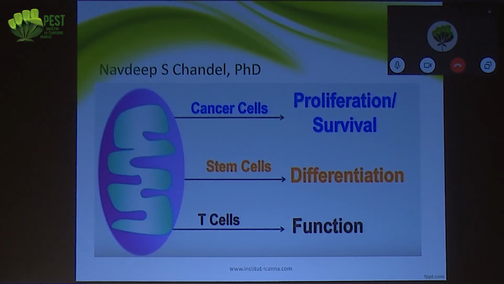The story is very different if we look at stem cells. When we change the activity of mitochondria in a stem cell, we can see that the stem cells will start to differentiate. And if we take T cells, which are immune cells, and reduce the activity of the mitochondria, we can see that they can change their function.